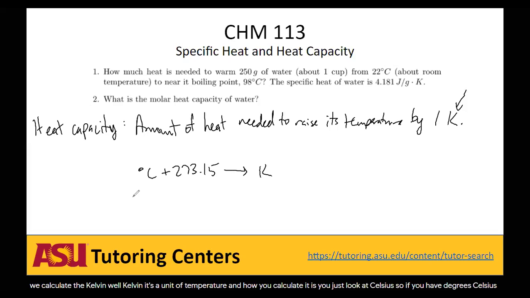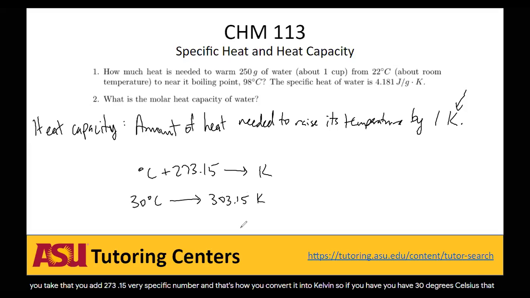So if you have 30 degrees Celsius, that corresponds to 303.15 Kelvin. All I did was add 273.15 to it. Like, why would we do that? That's such a strange thing to do. All we're doing is shifting all the Celsius units over to Kelvin units.